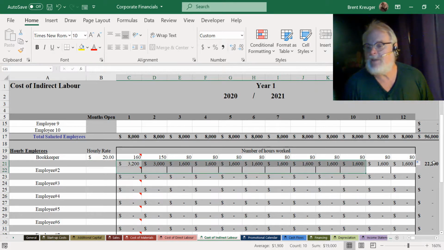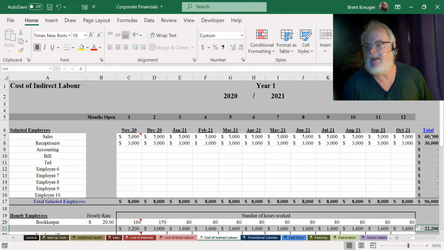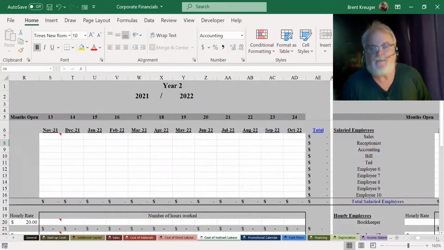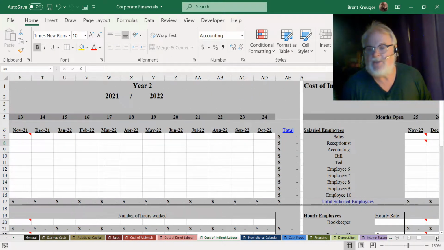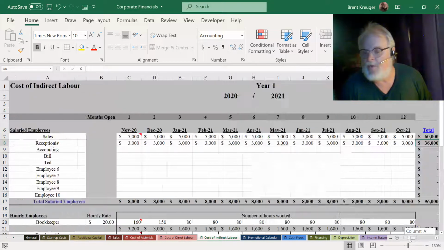So that tells me that person is earning $22,200 a year. This person is earning $60,000 a year and $36,000 per year. Then all you have to do is simply slide sideways and do the same for next year, next year, next year, next year. So this is really good if you're planning for growth.